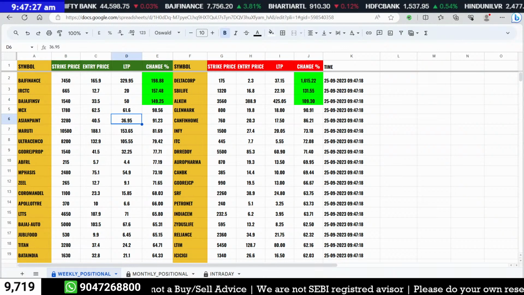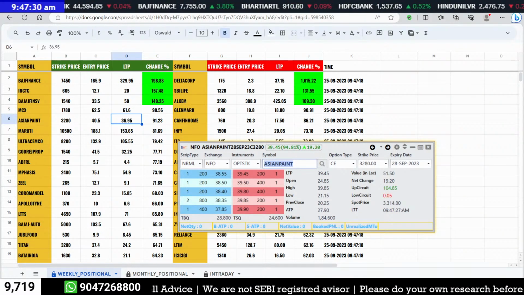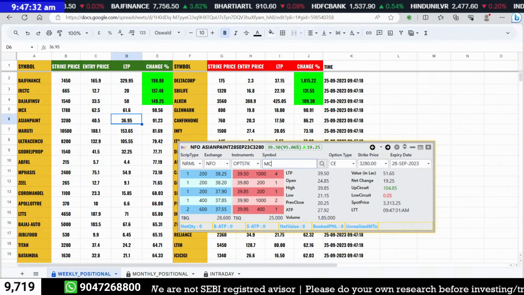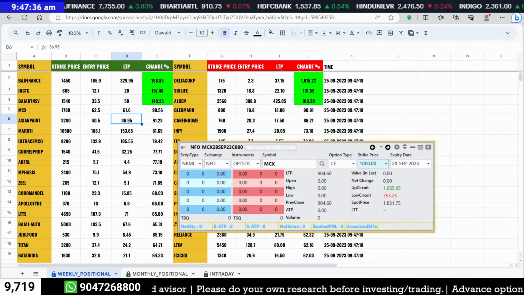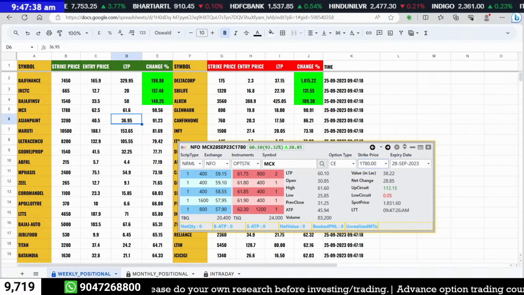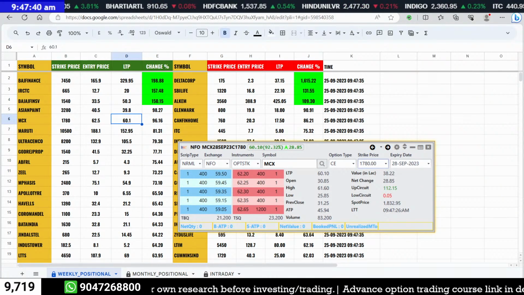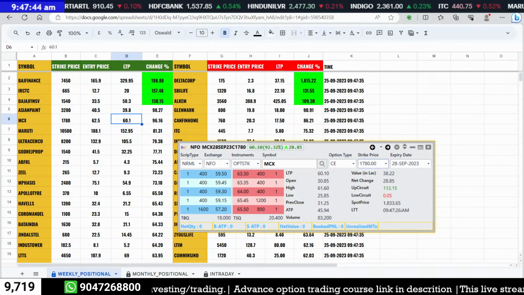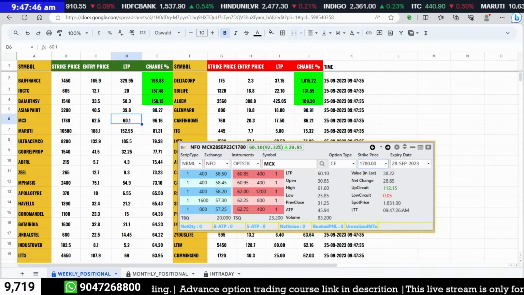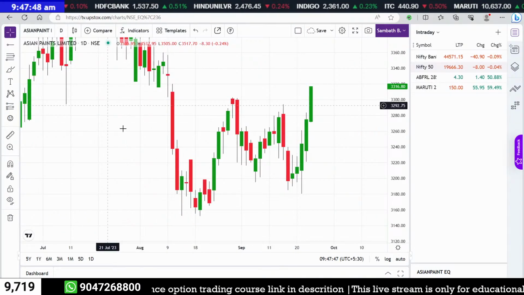And MCX, you are asking about MCX 62. The call option 1780. I think 59 is nearing that 62.5. 61.6 is our breakout and already 400. So MCX also we can look for 62.5.